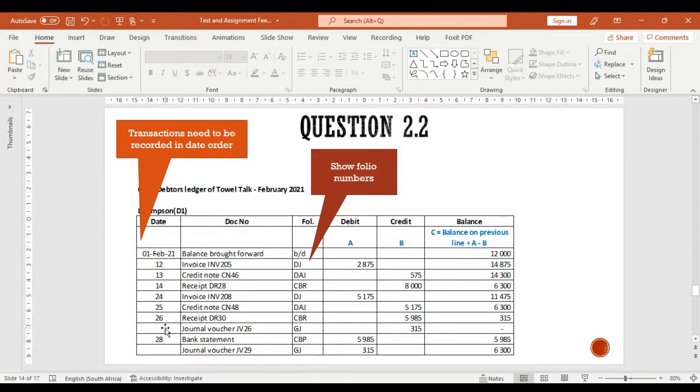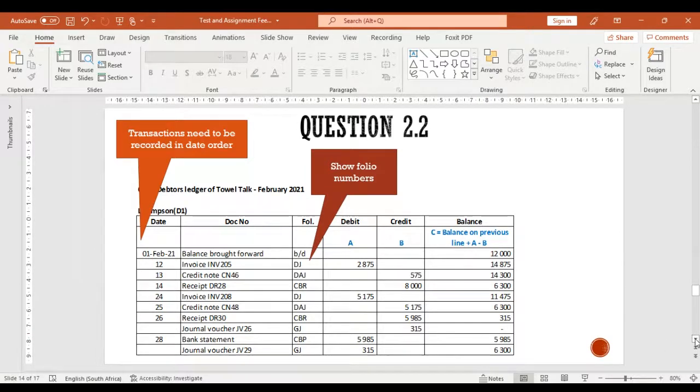Now, a lot of you stopped at the 26th and did not record the transaction on the 28th, and then lost the marks. But based on what you had here, I would have given you the method mark for question 2.3. So whatever your balance was, if you included that in the next question, you would have received the mark.